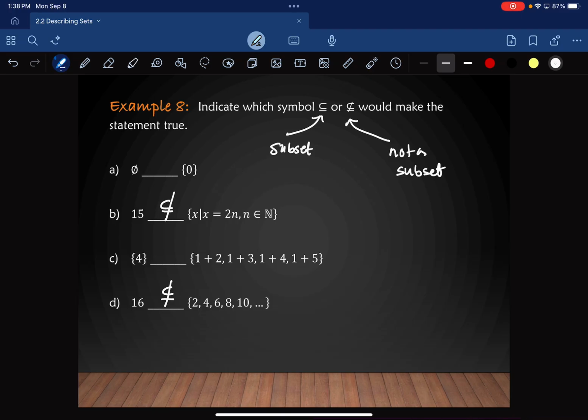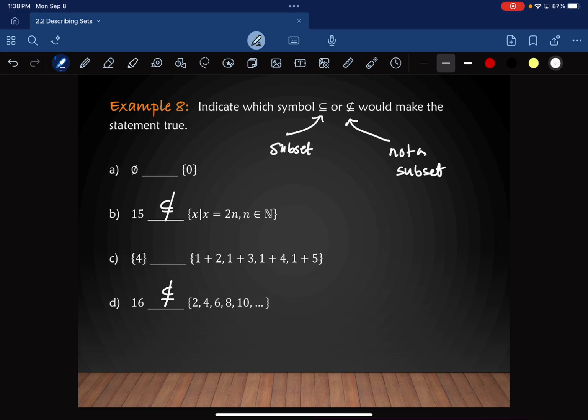Now that it is a set, we have to decide if everything in what is on the left is also on the right. Okay, the first one's a little bit wonky feeling, but walk with me through this. It's the empty set. What's in it? Not zero. Nothing. The empty set is a set that has nothing in it. This is going to sound funny.